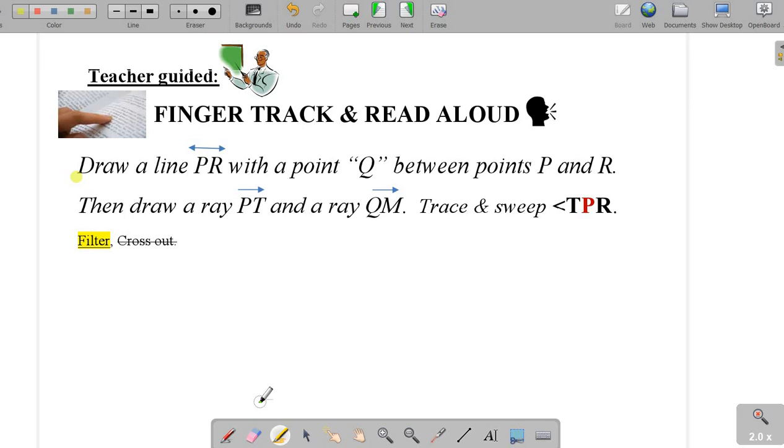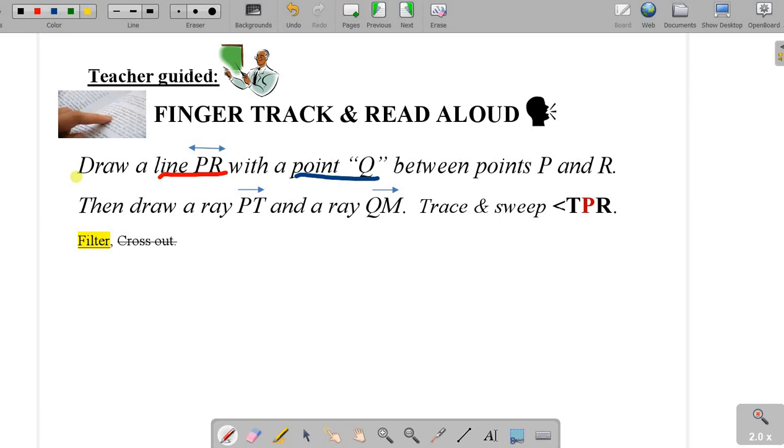Your second pass, we're going to read again and we're going to underline or highlight keywords. First, we have a line PR. The fact that it's a line is important. With the point Q, there's your second key piece.